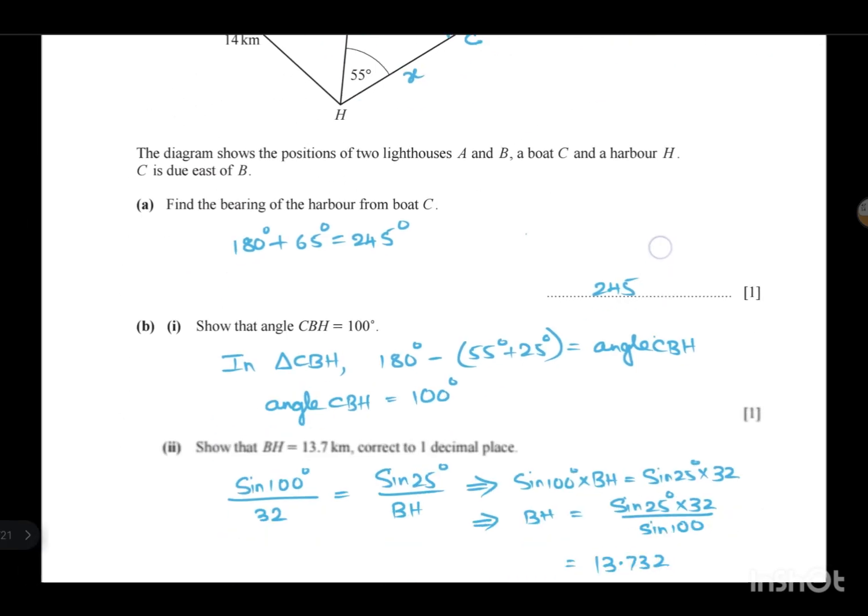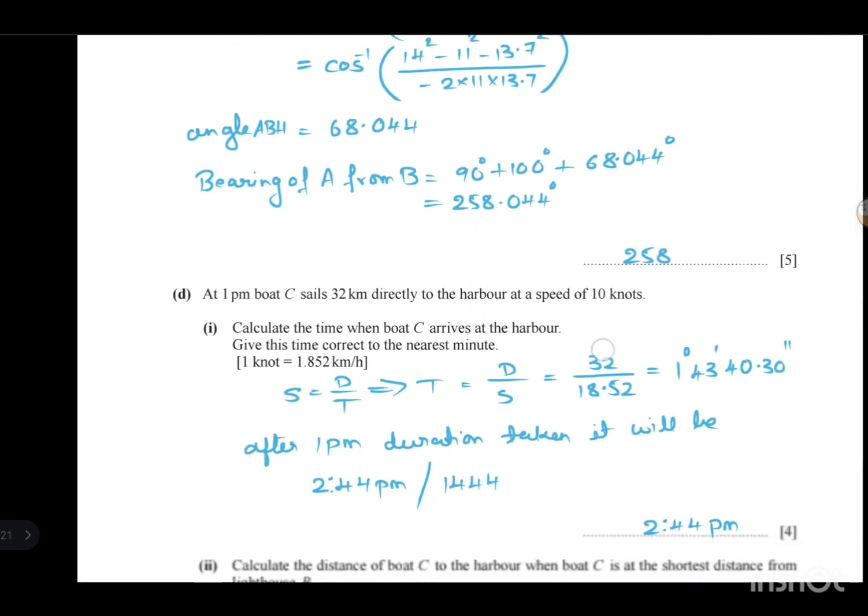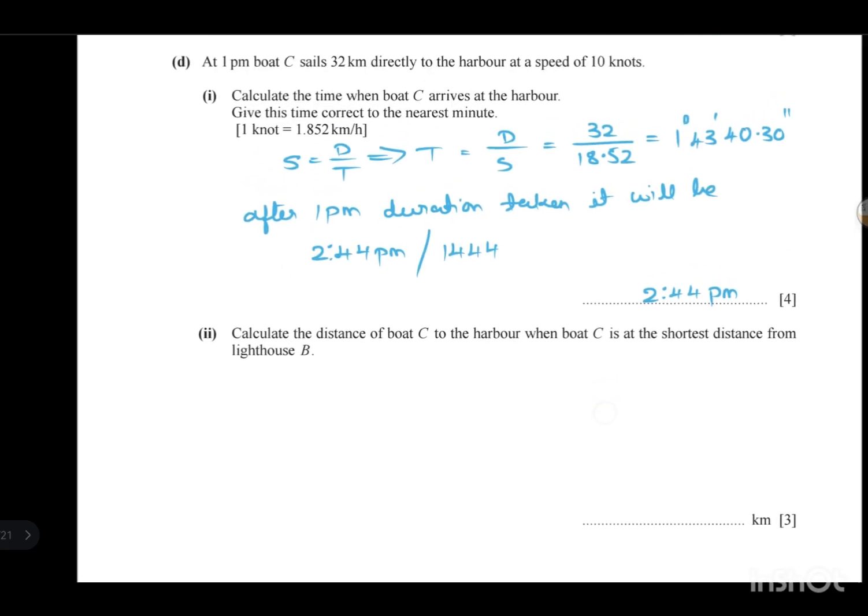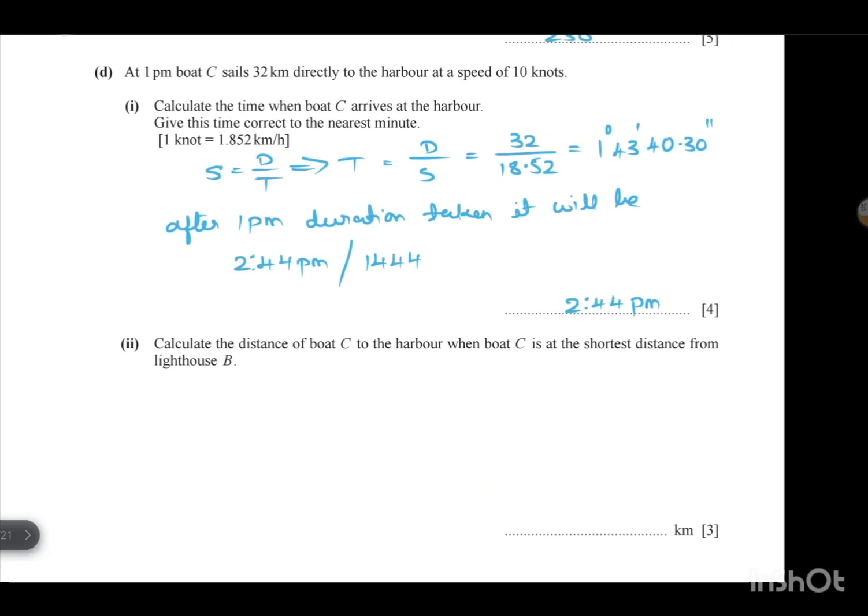So let us go to the question again. We'll write the triangle BCH is a right triangle, so cos 55 will be the adjacent side, which is x, by 13.7.